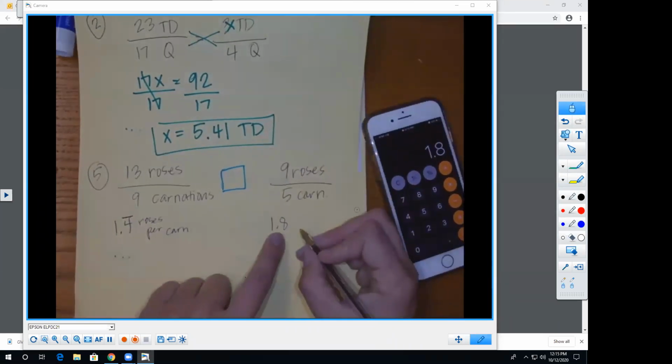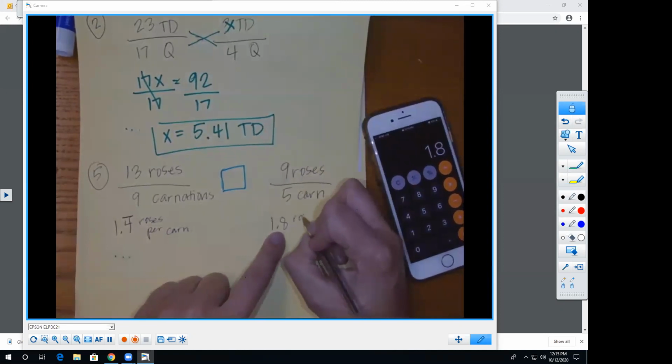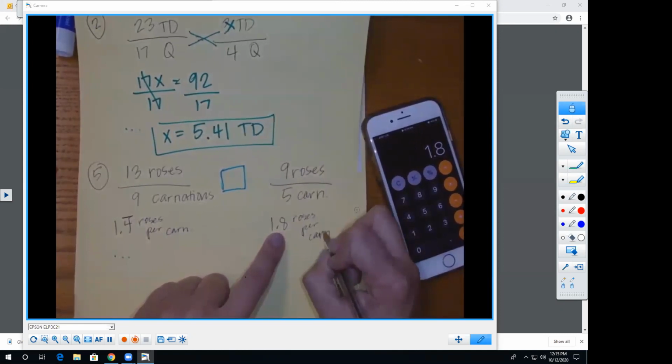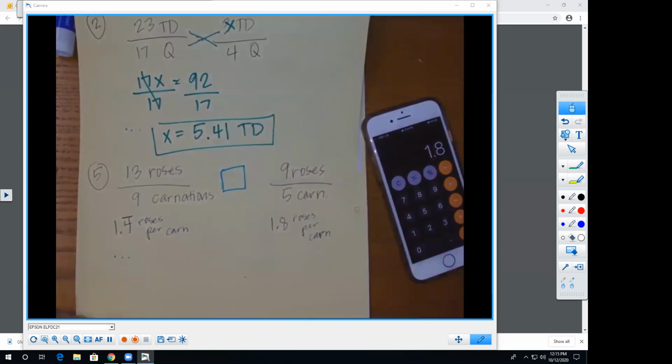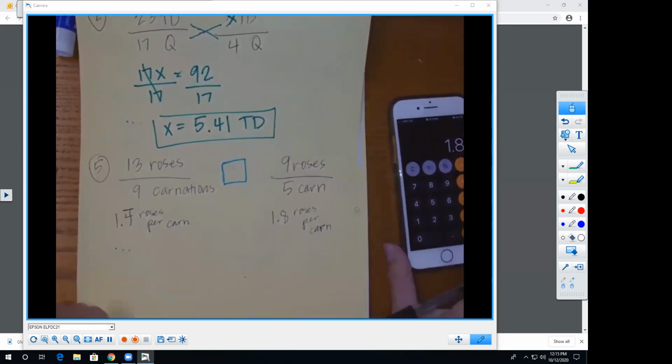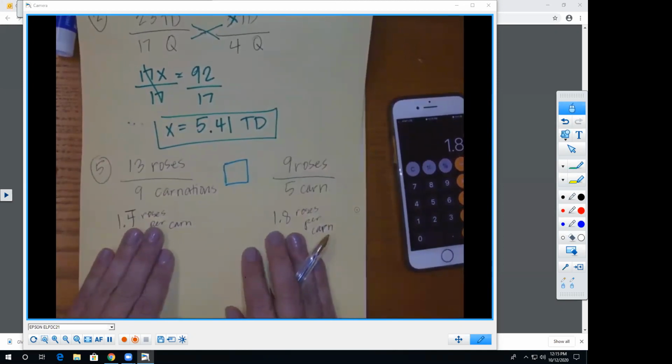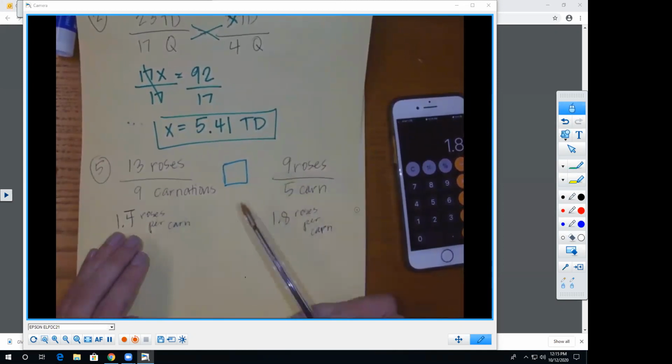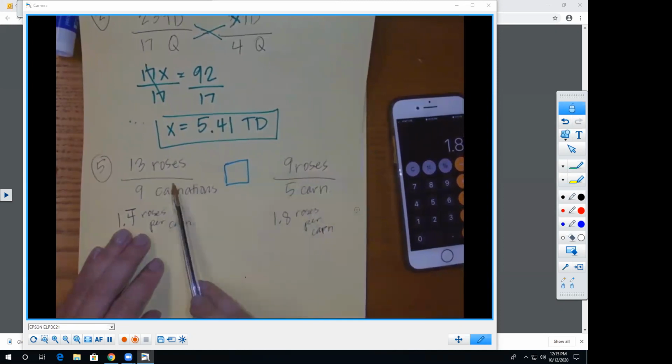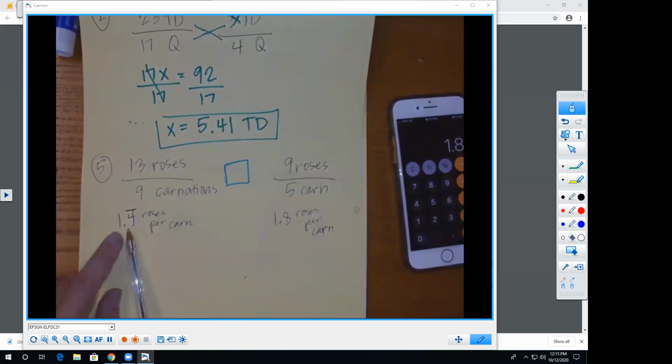So there are technically 1.8 roses per every 1 carnation here. So the question asked, did the ratio increase, decrease, or stay the same? Well, we started off with 1.4 and went to 1.8, so it increased.